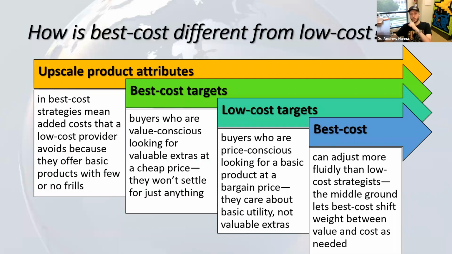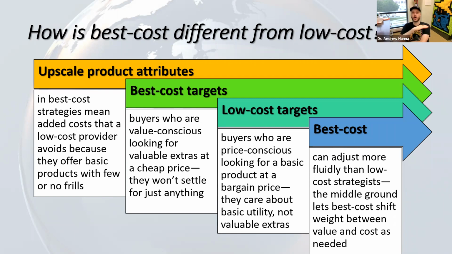So we really want to differentiate what the difference between a best cost and a low cost provider is, in case it hasn't clicked for you just yet. With a best cost provider, we are going to focus on upscale product attributes. We are still trying to offer upscale attributes, services, and products, whereas our low cost targets are people looking just for a basic product at a bargain price.